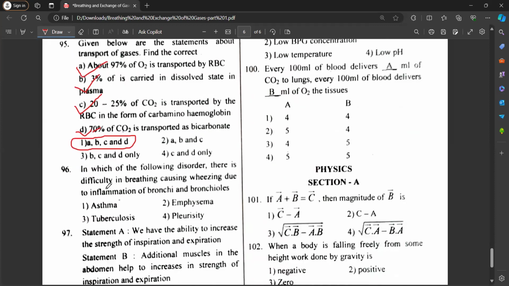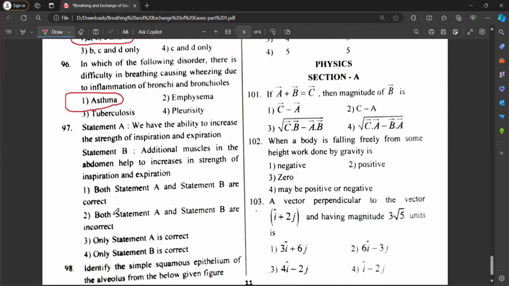Next one. In which of the following disorders is there difficulty in breathing causing wheezing due to inflammation of bronchi and bronchioles? Asthma, emphysema, tuberculosis, pleurisy. That is asthma. Question 97, statement based.